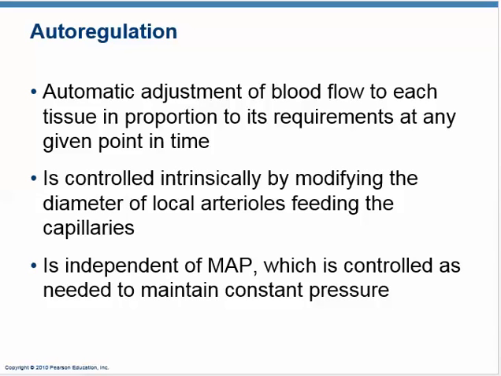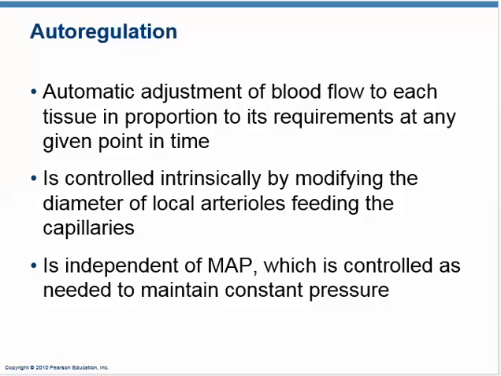So how do we determine what tissue gets perfused and to what extent? So it's really autoregulation. That means the tissues themselves adjust the blood flow based on its requirements.